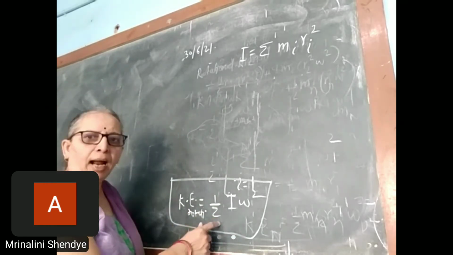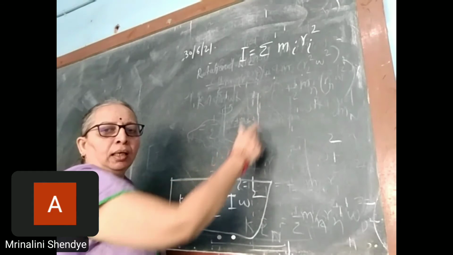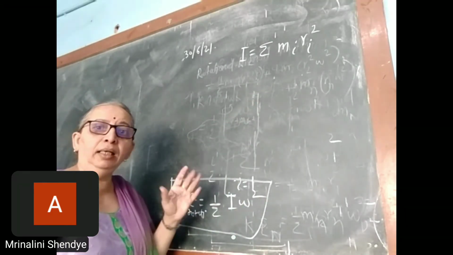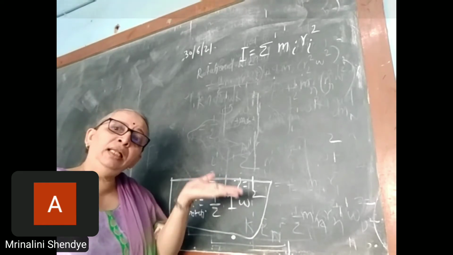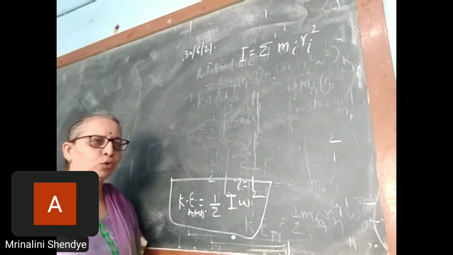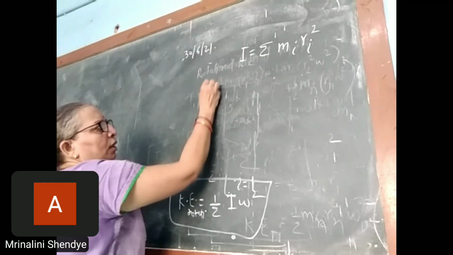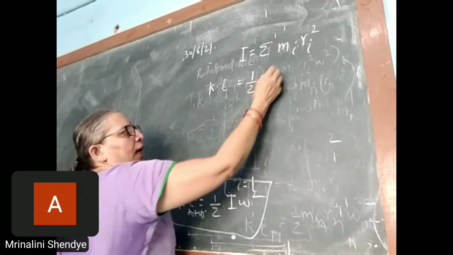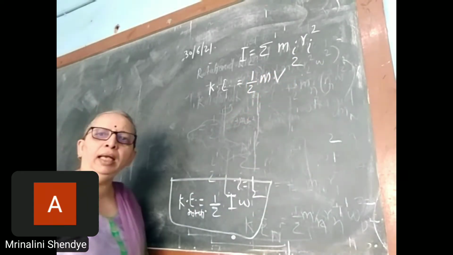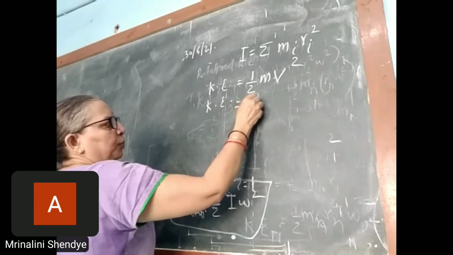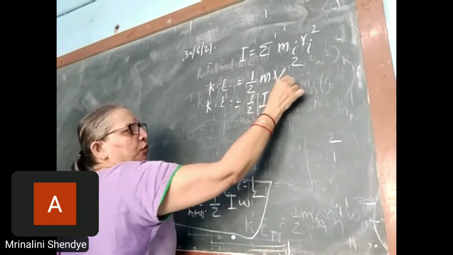If you take the analogy with the linear expression of kinetic energy, that is kinetic energy in linear motion, straight line motion, that is translational motion. In translational motion, we represent kinetic energy by the expression half mv square. In rotational motion, we write kinetic energy by the expression half I omega square.